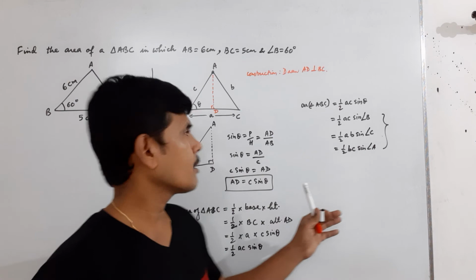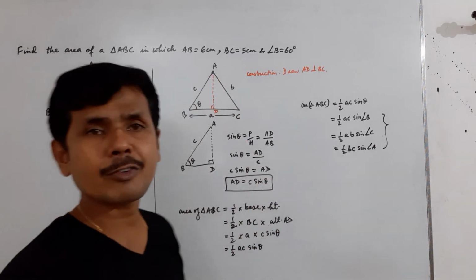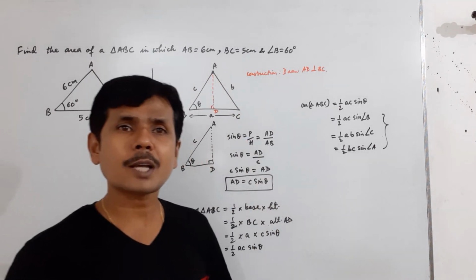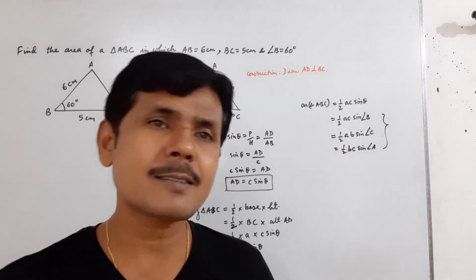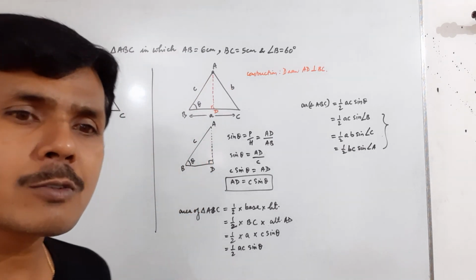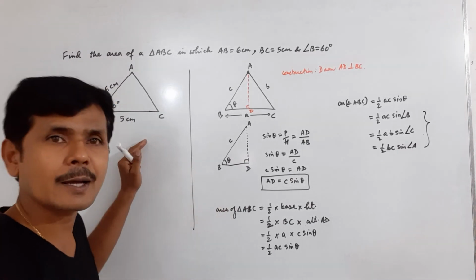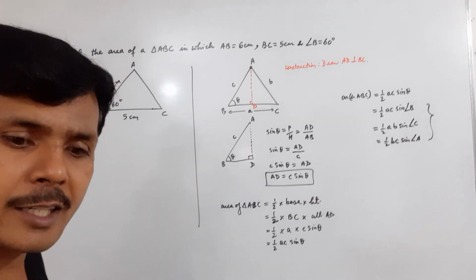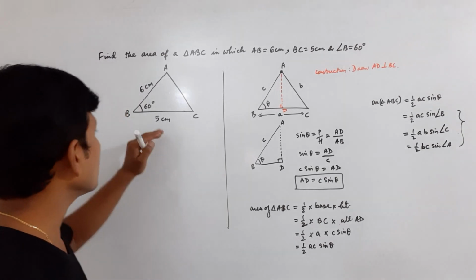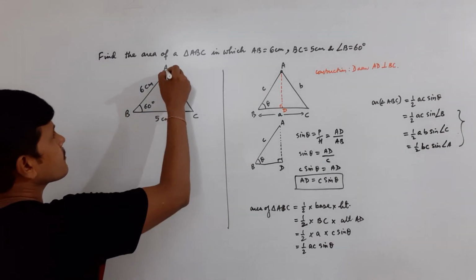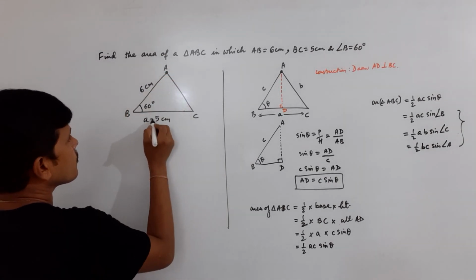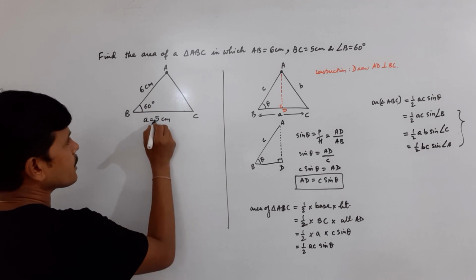It is useful for finding the area of the triangle when two sides and the included angle are given to you. Now I can use this formula to find its area. Let us find it out. You can carefully look over here. Since this is vertex A, so this is equal to a, means a equal to 5.